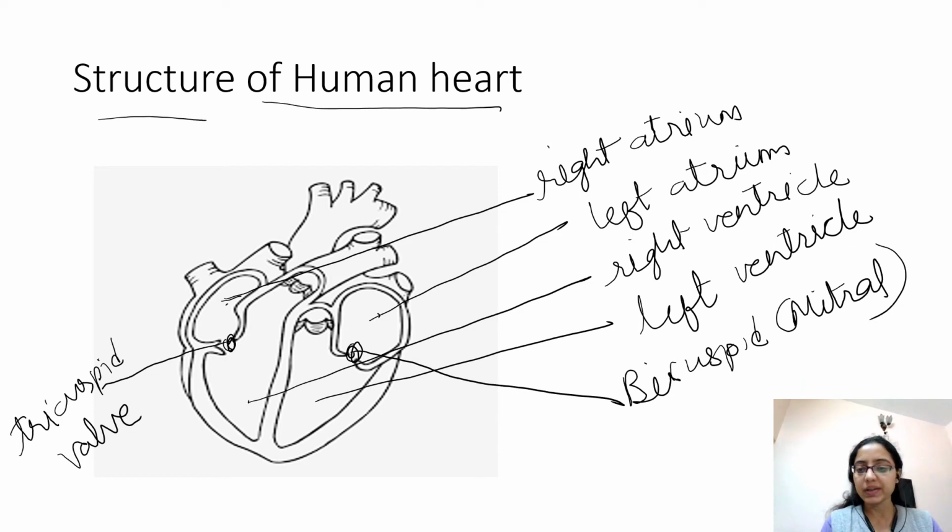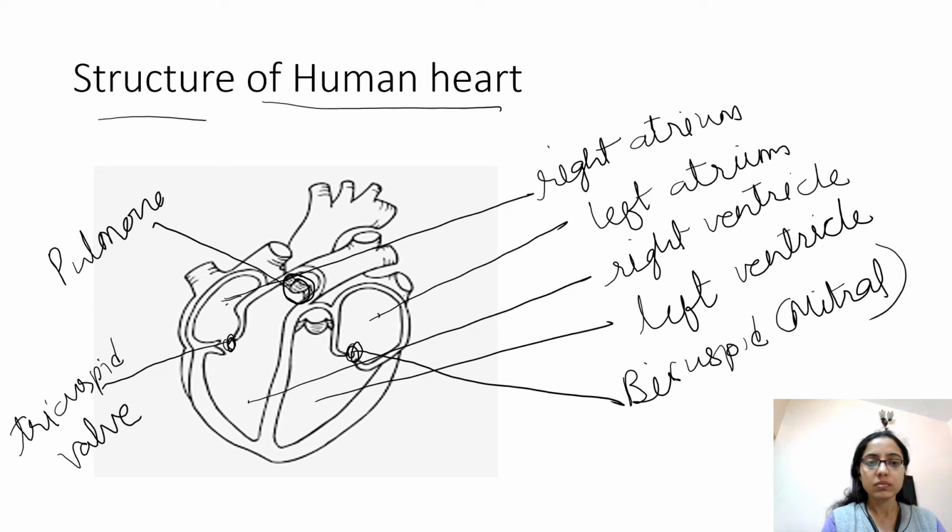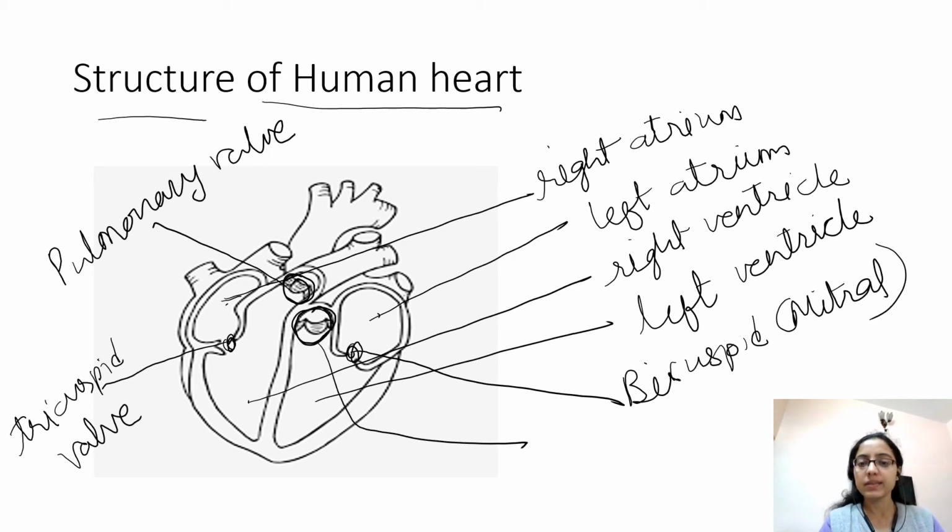Apart from the tricuspid and bicuspid valves, there are two more valves. The one is called the pulmonary valve, and the other one which is present on the left side is called the aortic valve.